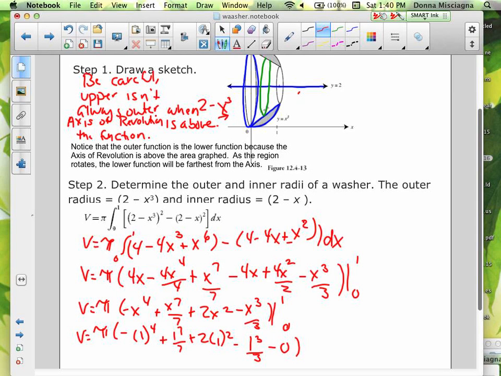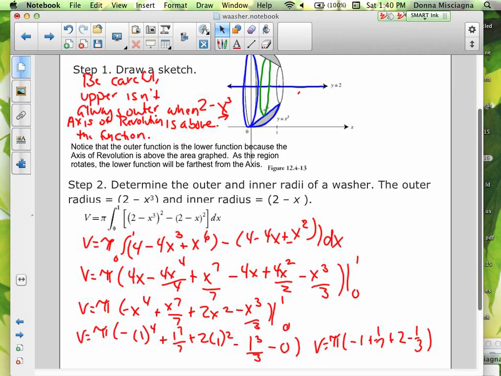All right, so that's going to give us our volume is going to be pi times negative 1 plus 1/7 plus 2 minus 1/3. And so now all we've got to do is combine our terms.